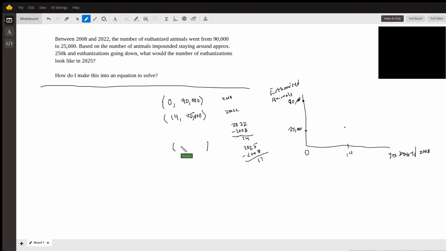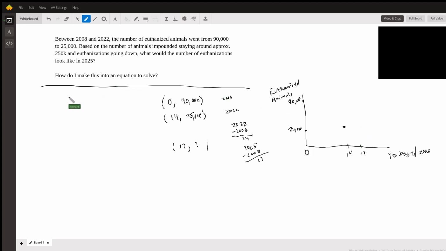So the x value is going to be 17, and what we want to figure out is the y value. So this would be a 17 here, and we want to know where is that point for 17. We know its x value, but we need to find the y value.